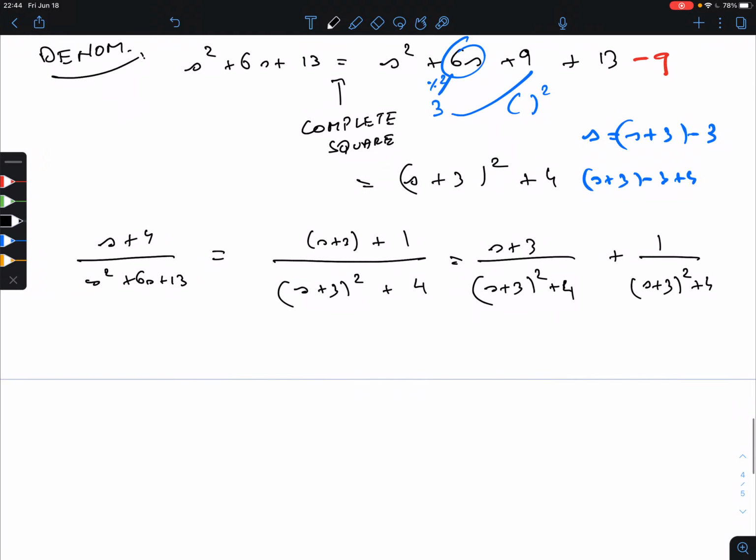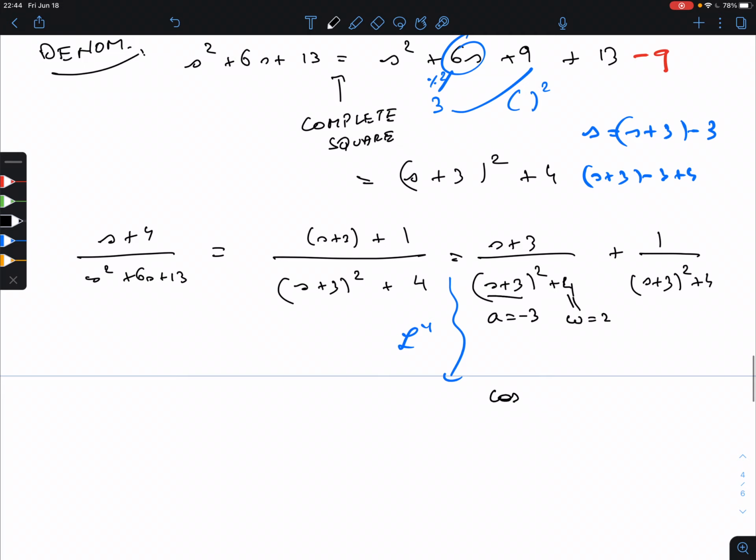And if we do the inverse Laplace, let's do this calculation on the side. What is the inverse Laplace? Well, let's analyze this. There are two things here. There's a shift, so a is negative 3 here, and there is an omega, which is 4? No, 2, right? Okay. So this, with the variable on top, is the cosine. So this will be cosine 2t, omega, and e to the minus 3t.